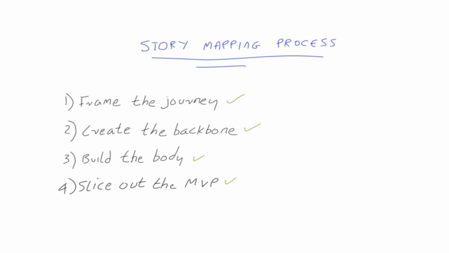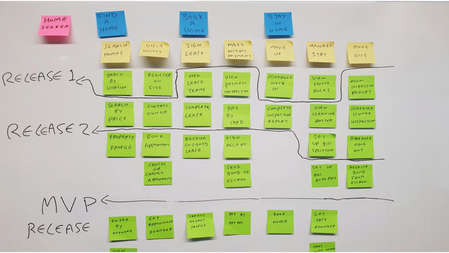Okay, so with that, we have come to the end of this exercise. But before we close off this tutorial, for the benefit of those students who decided to use post-it notes, I've also created a post-it note version of the home slice storyboard, and this is what it looks like.